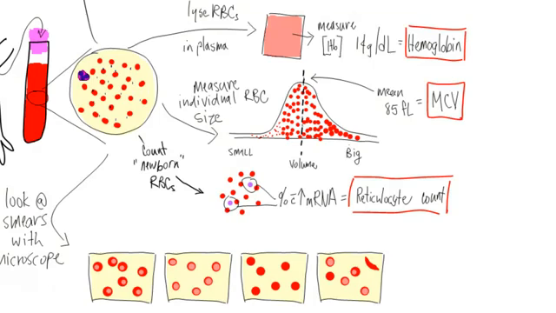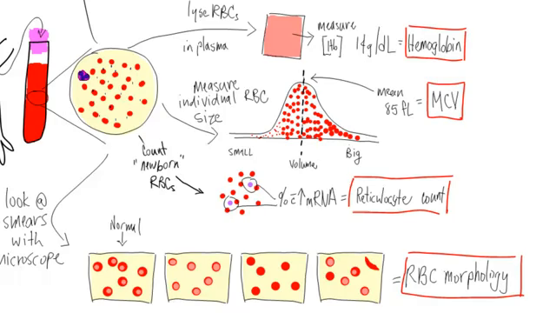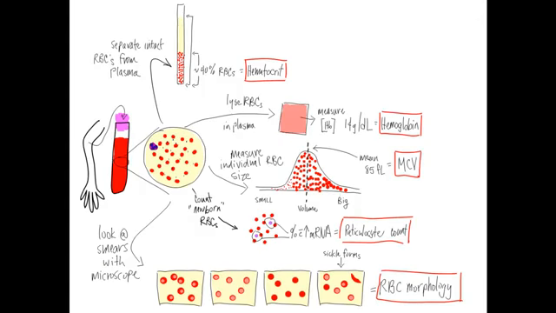For example, the red cell morphology may look normal, hypochromic, spherocytic, or have sickle forms. Your 5 key lab tests, patient history, family history, and physical exam findings are all you need to narrow down the differential diagnosis for your patient's anemia and guide you to your next diagnostic and/or therapeutic steps.